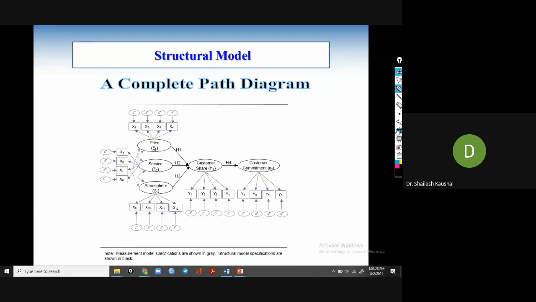Now it's a complete path diagram. So price is a component or factor. It has four questions: x1, x2, x3, x4.